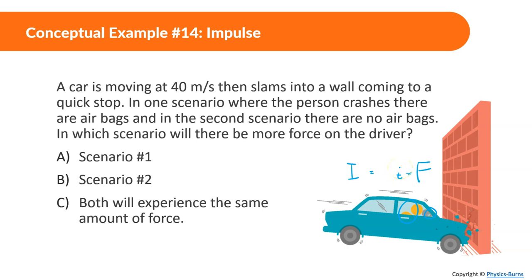But when it has an airbag, the airbag slows down the impact. It's going to take a longer time for the person to hit the airbag, so there's a larger amount of time, meaning a smaller amount of force. So there will be more force with no airbags.